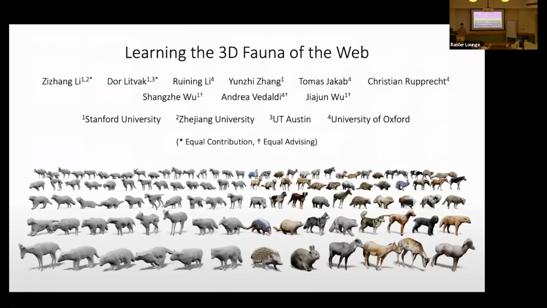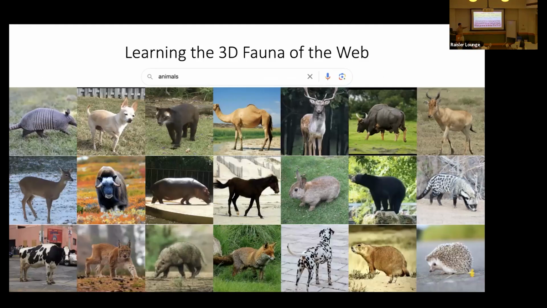And more recently, we've been working on generating diverse animal instances. We had this recent work called Learning the 3D Fauna of the Web. It's done by two visiting students at Stanford, and it's a collaboration with other institutions at Oxford as well.